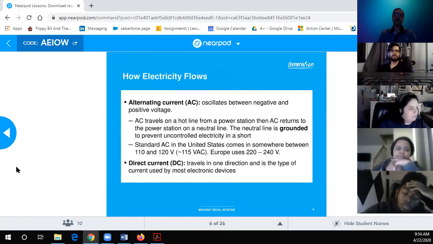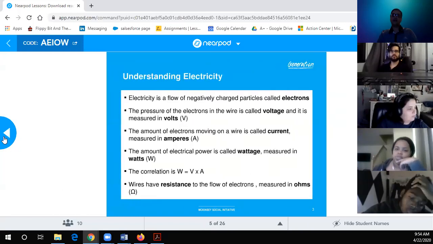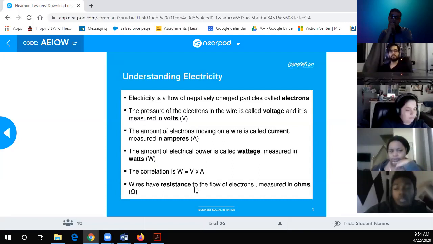Electricity is kind of tricky, because yes, we have 110, but your voltage and your amps are what determine what your actual device can take in.